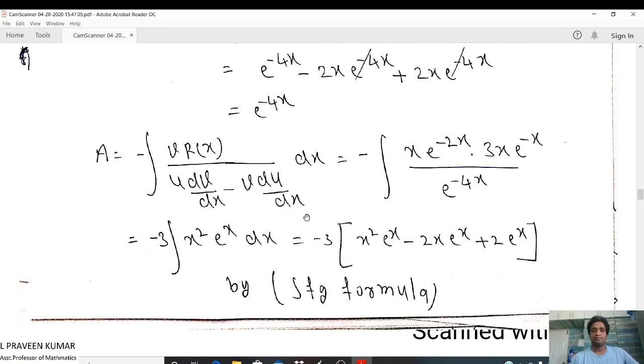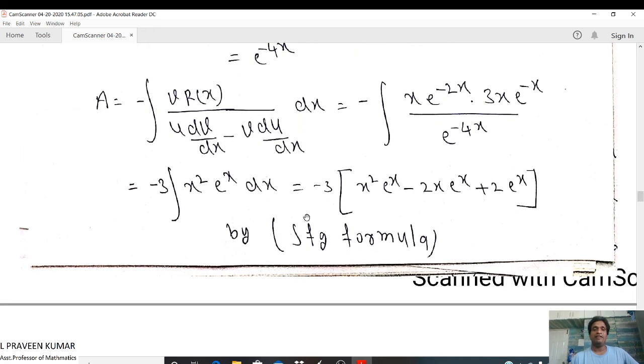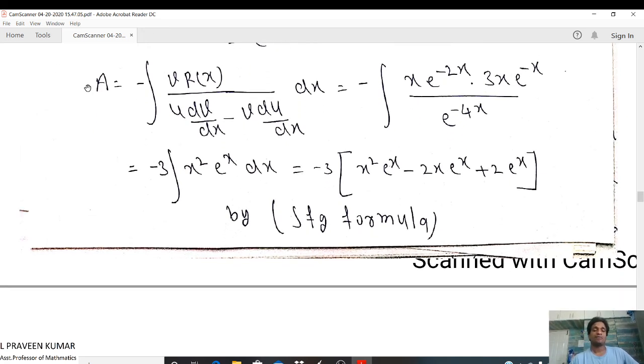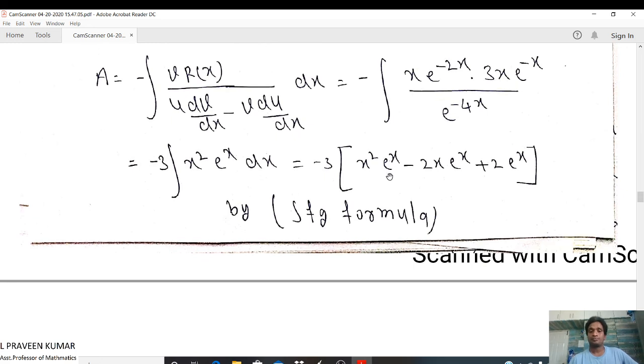So let's move to find the a value. a is equal to minus v r by (u dv by dx minus v du by dx). Our v value is x into e power minus 2x. r of x is 3x e power minus x, which is given in the problem. This value we just found is e power minus 4x.